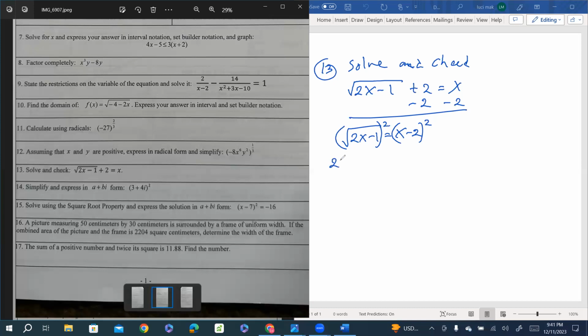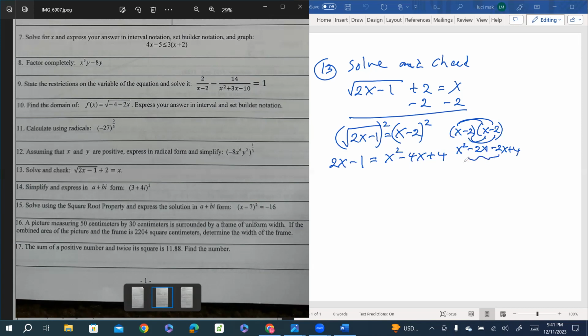So we basically have 2x minus 1 being equal to x square minus 4x plus 4. If you didn't know that, you could do x minus 2 times x minus 2 and FOIL it out. X times x is x squared, minus 2x, minus 2x, plus 4.